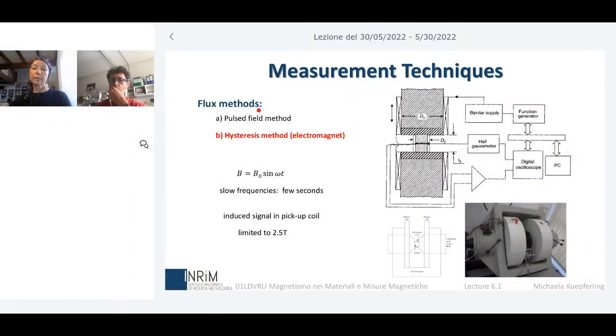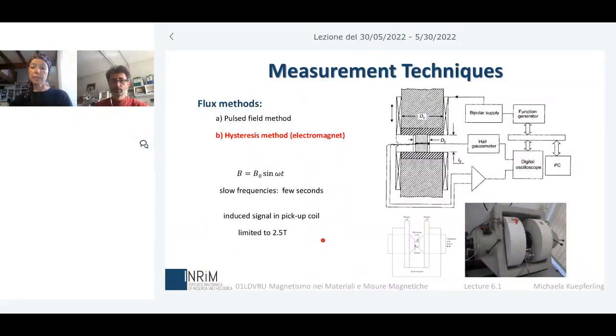You may magnetize the material up to saturation with the pulsed field method first, and then you measure it with the hysteresis method. And this is performed usually at slow frequencies of a few seconds, and you can use pickup coils in order to measure the induced signal from your magnet.